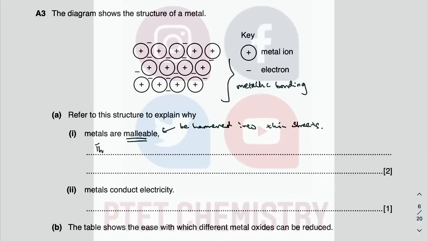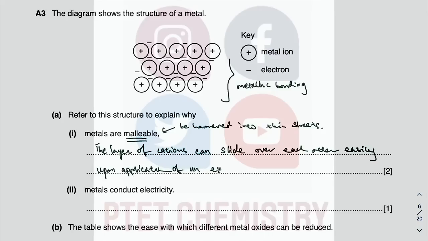So the layers of cations can slide over each other easily upon application of an external force. When you hammer it, one whole layer can slide over, and you get a different arrangement of the layers.